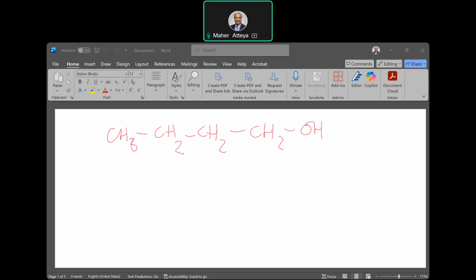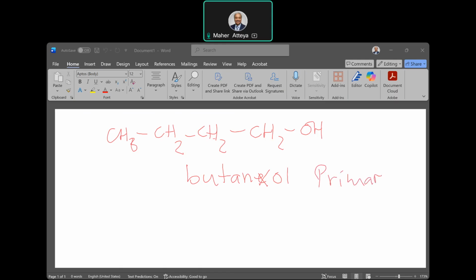So now that's a long chain, correct? There is no branching. 1, 2, 3, 4. That's a butane, correct? Take the E out, add OL. So this is butanol. Now the OH, the alcohol, that's this one here called primary alcohol.